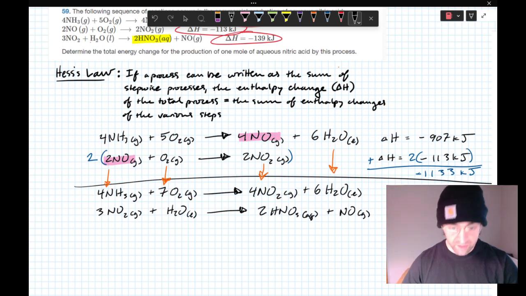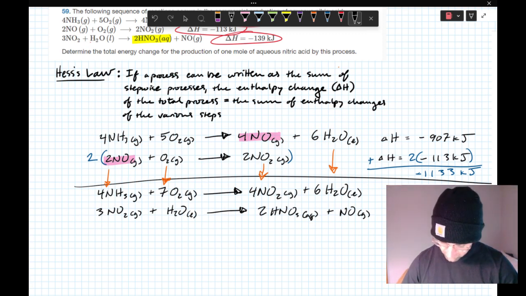And before I forget, we need our enthalpy changes. We've got, we calculated, negative 1,133 kilojoules, and we are given negative 139 for this reaction.